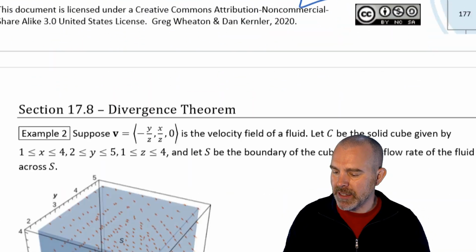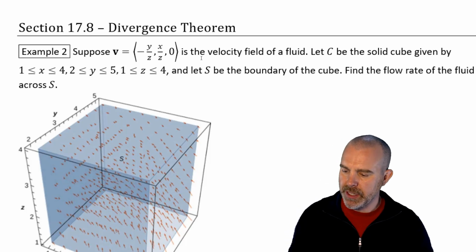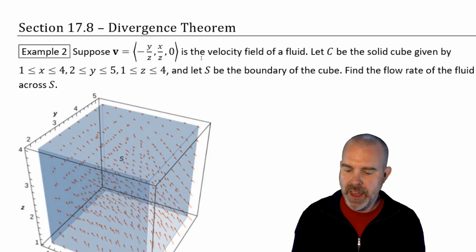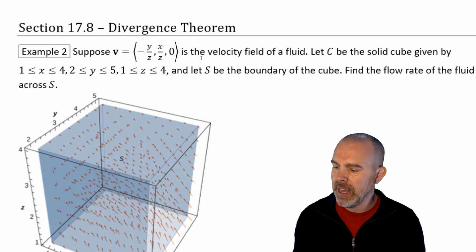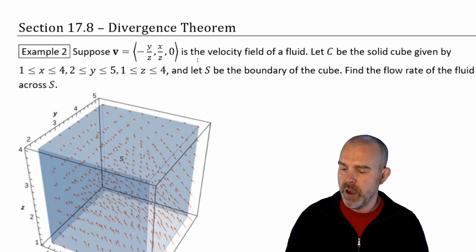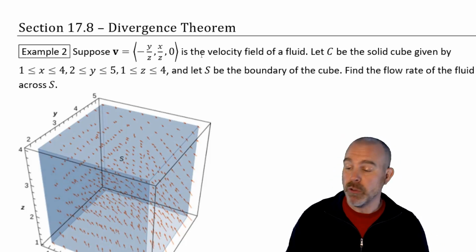Okay, one last example. Here we have a vector field. It's the velocity field of a fluid. And then the region that we're looking at is a solid cube. x goes from 1 to 4, y goes from 2 to 5, z goes from 1 to 4, and S is the boundary of that cube.